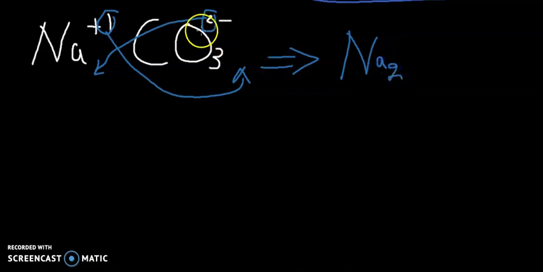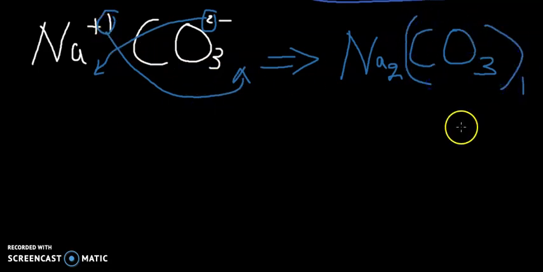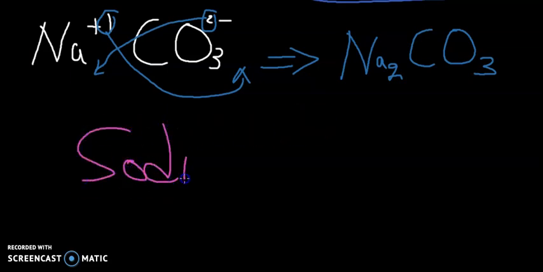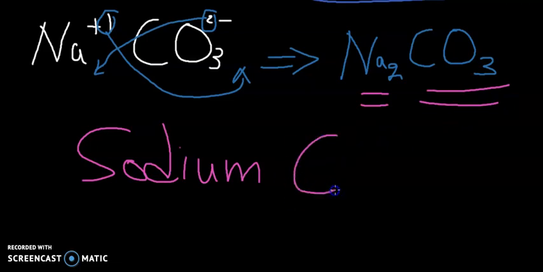Where did this 2 come from? From this CO3 2 minus. And CO3 has a 1 here, but we don't put 1, so your compound is Na2CO3. Now to name this compound, the first part is sodium, and this part is carbonate.